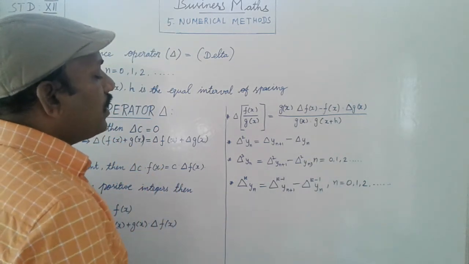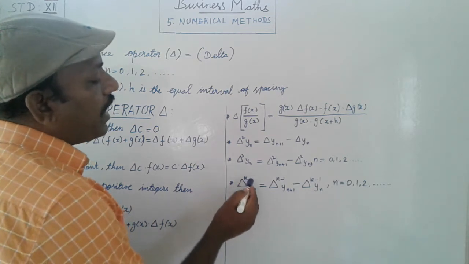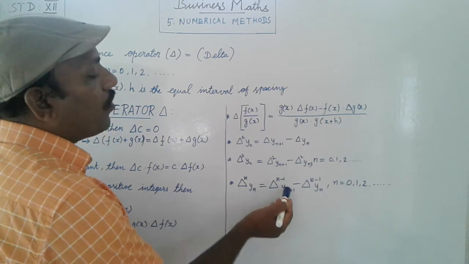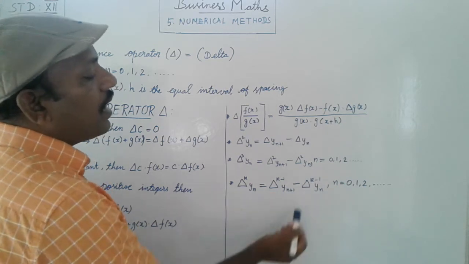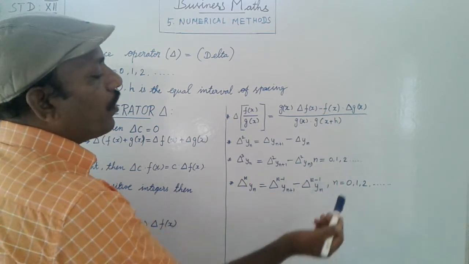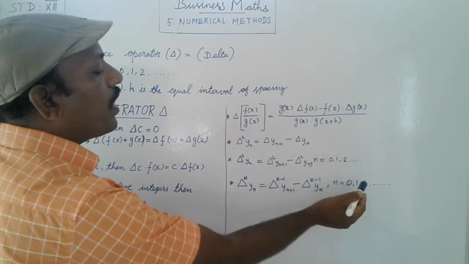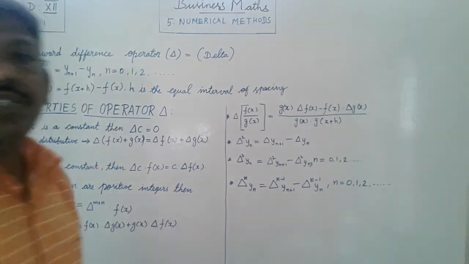Next, delta power k y n equal to delta power k minus 1 y n plus 1 minus delta power k minus 1 y n. n equal to 0, 1, 2 and so on. That's all.